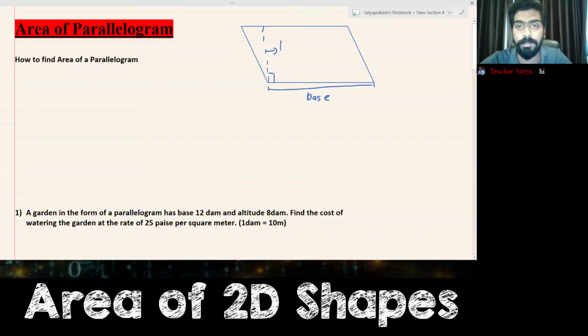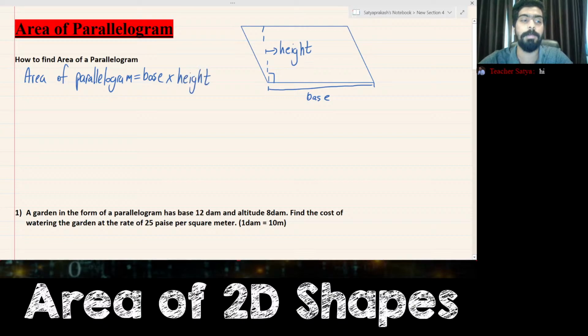Let me call this h, or height. To find the area of a parallelogram, it is pretty easy. We take the base and multiply by its height.